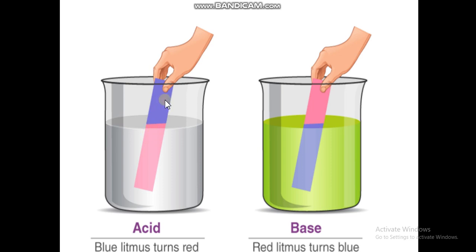If blue litmus changes to red, then the solution is known as an acidic solution. Similarly, in a base, when we dip a red litmus paper, it will turn blue. Here you can see the portion dipped in the solution has turned blue in color. So the solution which turns red litmus to blue is known as a base, and the substance which changes blue litmus to red is known as an acidic solution.